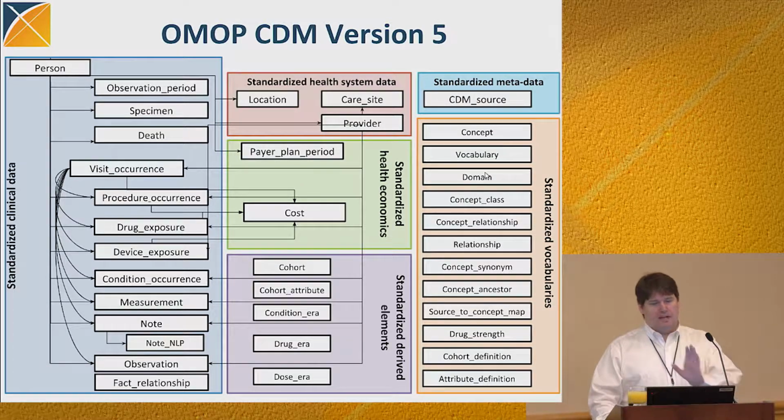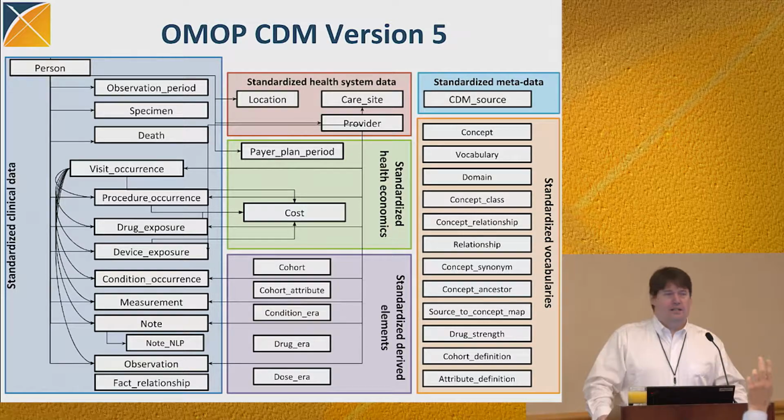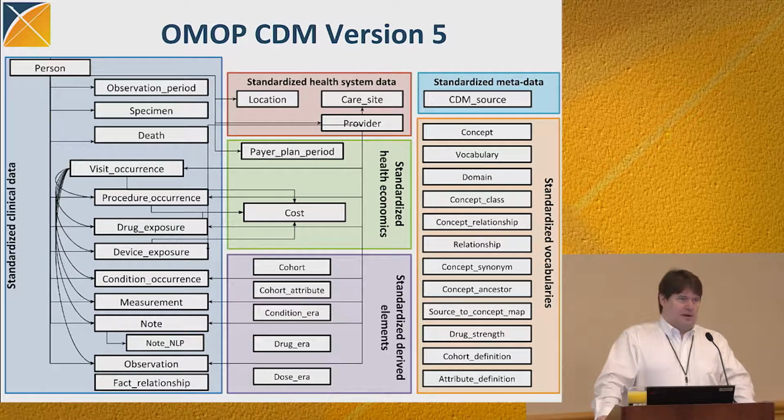The tables on the other side here are our standard vocabulary. Are you familiar with the OMOP vocabulary? Raise your hand if you are. No? Okay. The purpose of the OMOP vocabulary is to provide mappings between a coding system that might come from a source system to a standard coding system that we want to use in our analysis. For example, there is a code for diabetes in ICD-9 and ICD-10 and SNOMED.